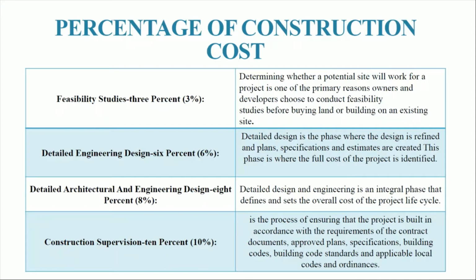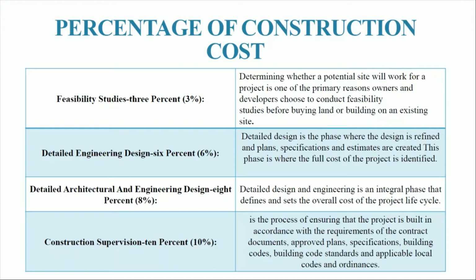So first we have our feasibility studies. This is 3% of construction costs. It is done in determining whether a potential site will work for a certain project. It is one of the primary reasons owners and developers choose to conduct feasibility studies before buying a land or building in an existing site.